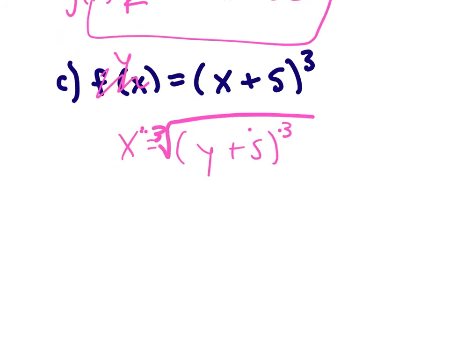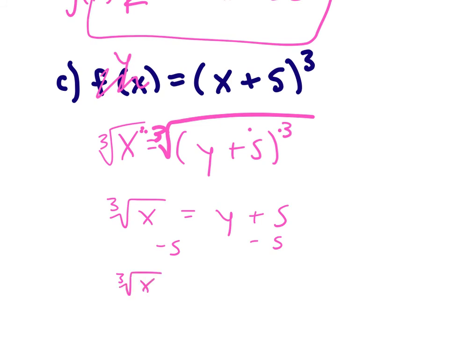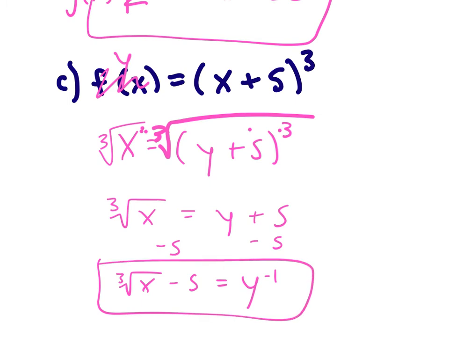So the cubed root of x is equal to y plus 5. What's next? Subtract 5. So the cubed root of x minus 5 is equal to y. Any questions on this one?